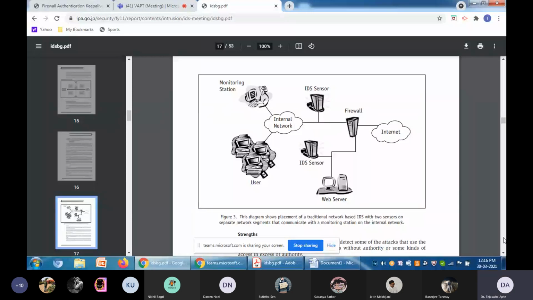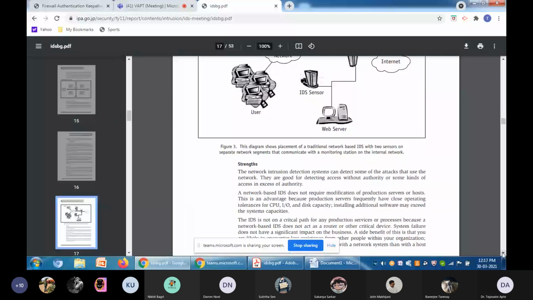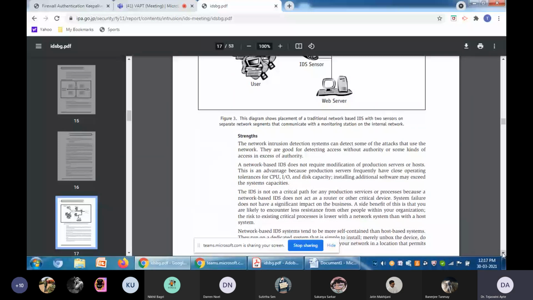Can anyone tell me what is going on in this particular diagram? Yes, my dear students.